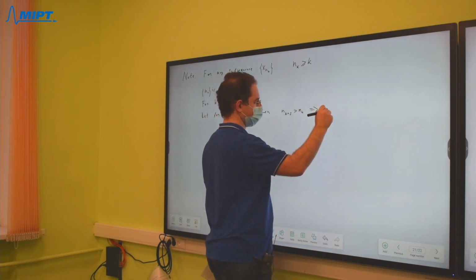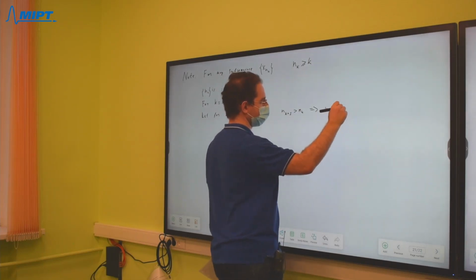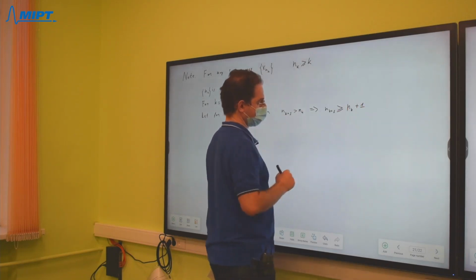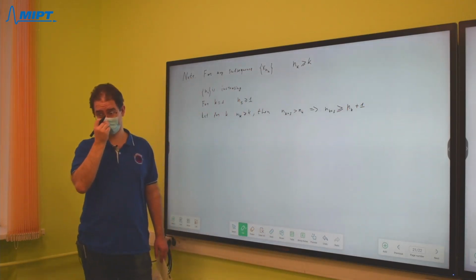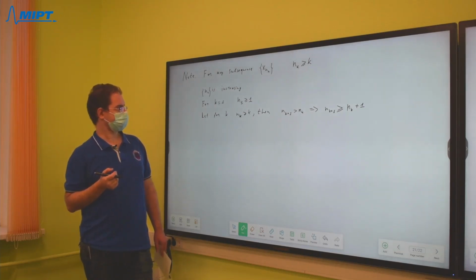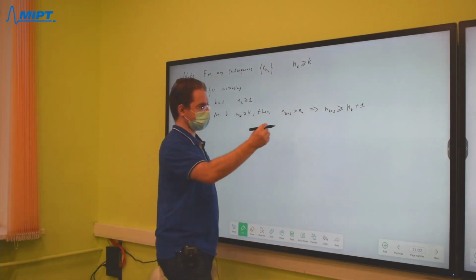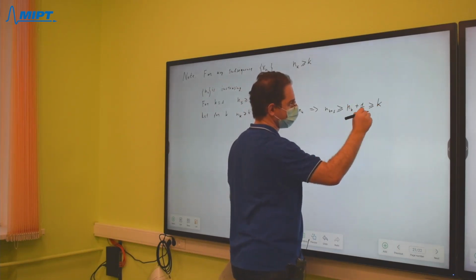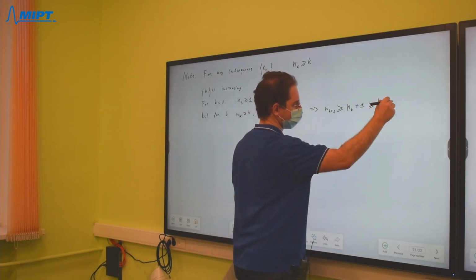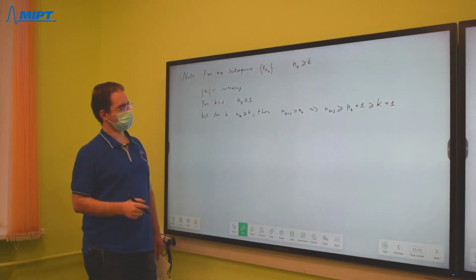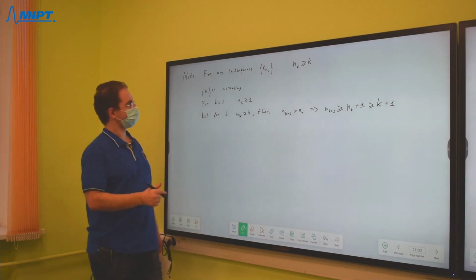It follows that n_{k+1} is greater or equal than k plus 1, since those are natural numbers, n_k is greater or equal than k, and we have plus 1. So, by mathematical induction, we have this statement.